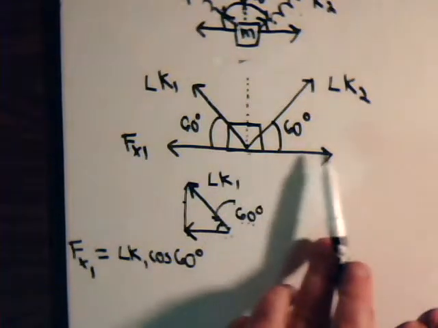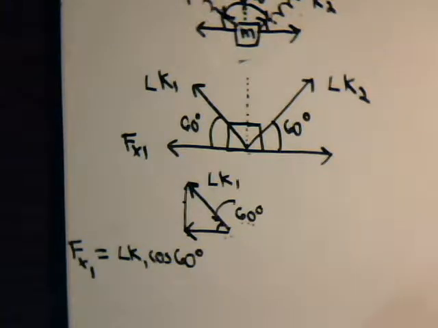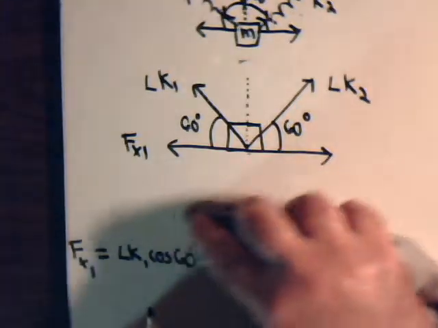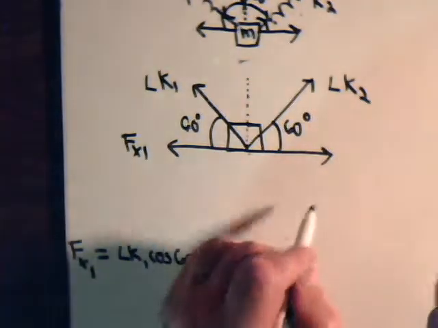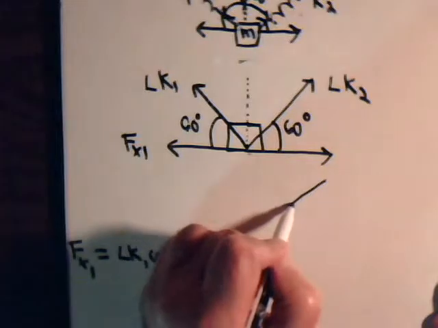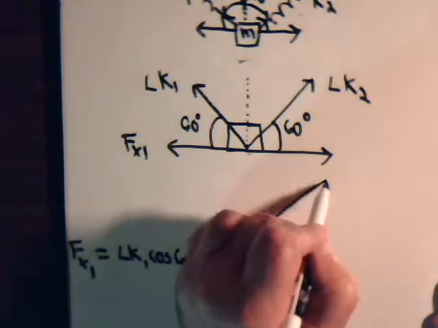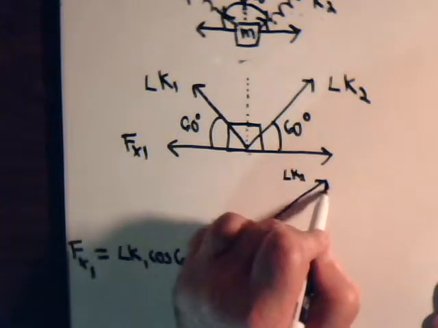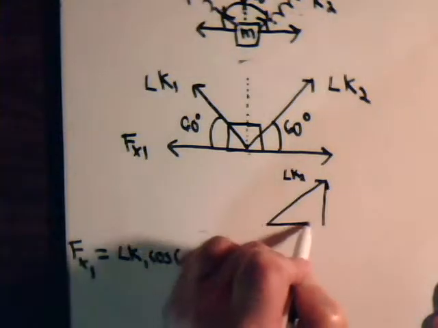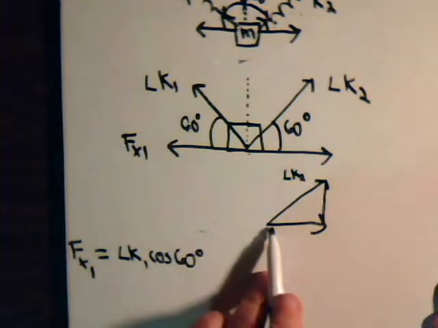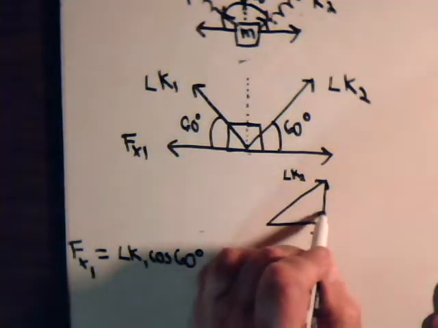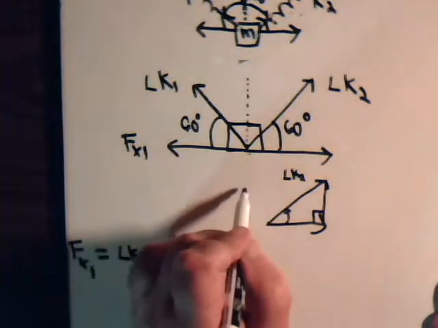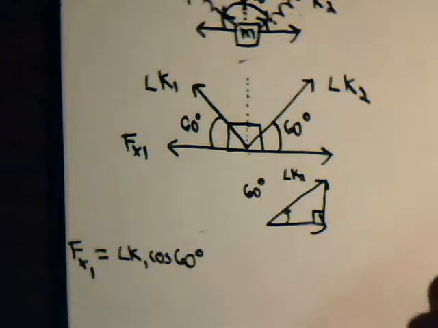Now over here on this side, we're going to have, again, a similar deal. Here we have this hypotenuse, L k2. We want to know this component. This is a right angle, so that's the hypotenuse. And again, that angle is 60 degrees.